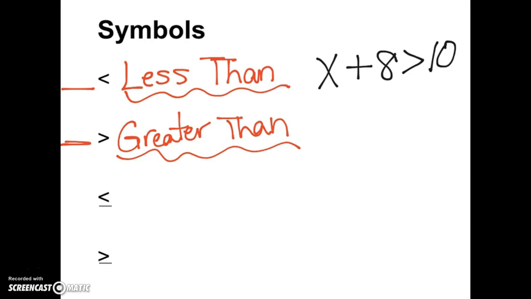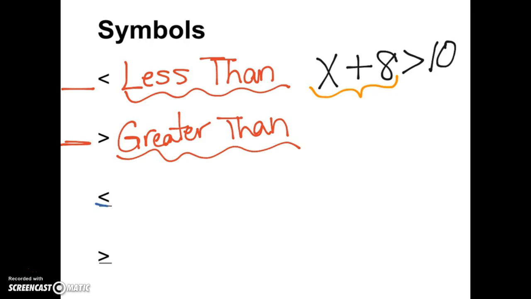I know that a lot of elementary school teachers just teach this as the alligator mouth opens to the bigger number, and that's fine when you're in elementary school and all you're dealing with are numbers, but it gets a little bit more confusing when you have something like x plus 8 on one side. So it's really important that you can read that as either a greater than or less than symbol, depending on which direction it's facing.